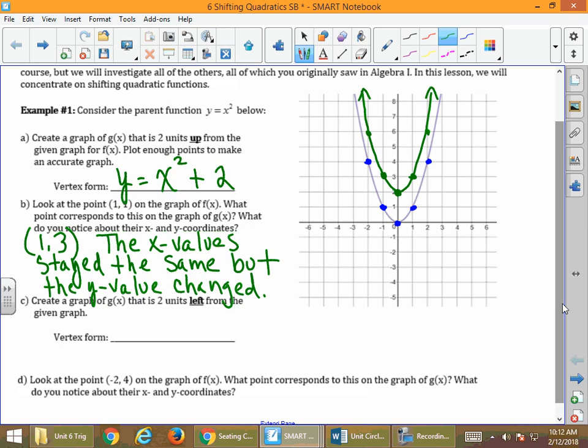The x value stayed the same, but the y values changed when we move the graph up in this particular case.